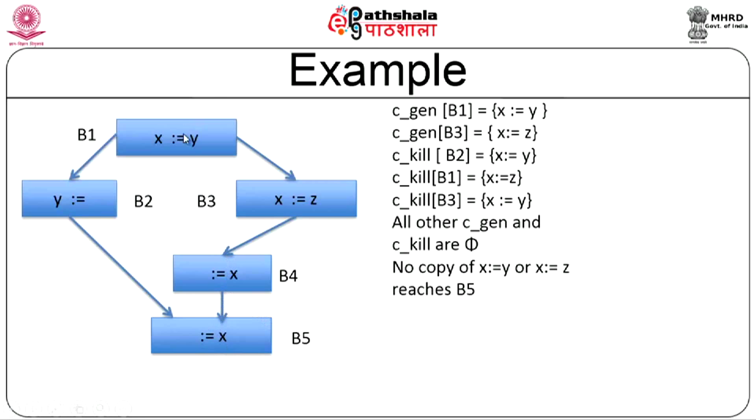So here X is equal to Y is killed by X is equal to Z, and this anyway assigns a value to Y, so I cannot use this in this particular path also. The value of Y changes here, so I cannot use this common expression in this particular statement. So in this example, no copy of X is equal to Y or X is equal to Z reaches B5, so this does not result in any copy statement at all.